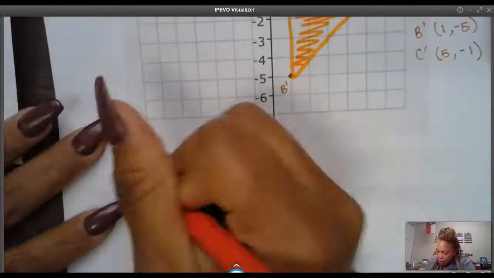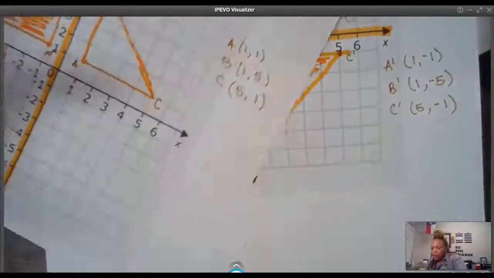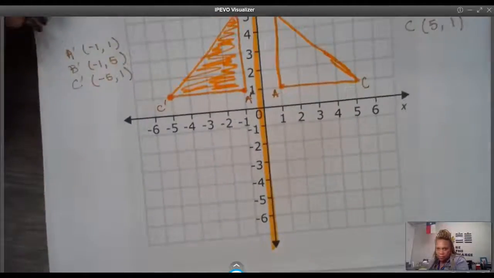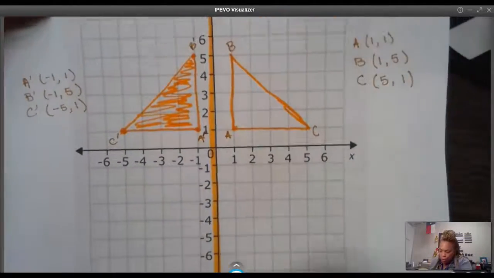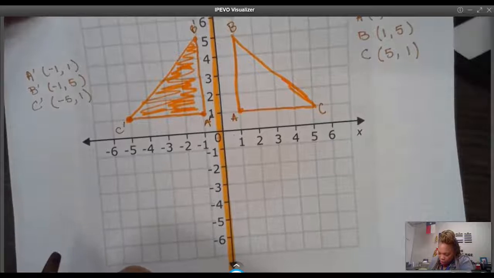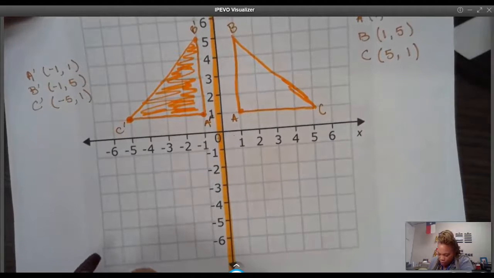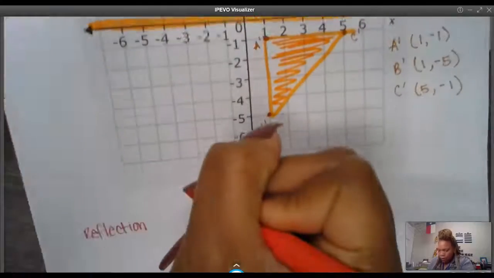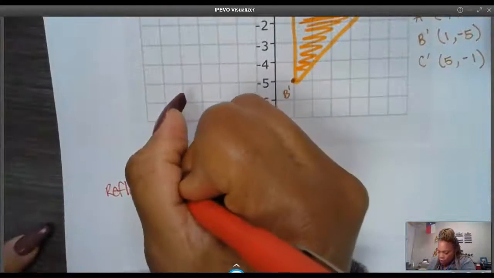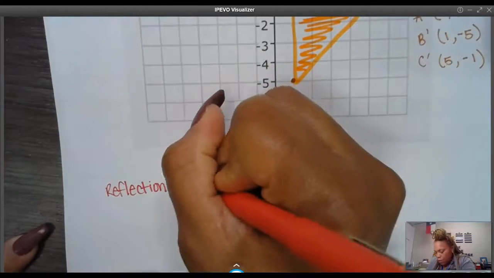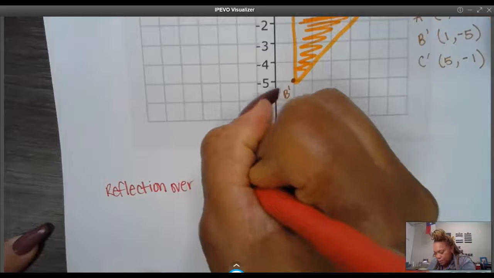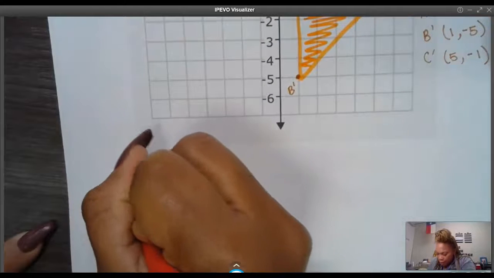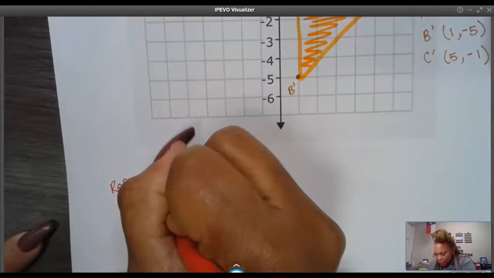So I'm going to ask you to go back and look at the original reflection over the y-axis. Here it is. And we're just going to record our pre-image and image. So I'm going to write reflection over y-axis, and then my pre-image coordinates.